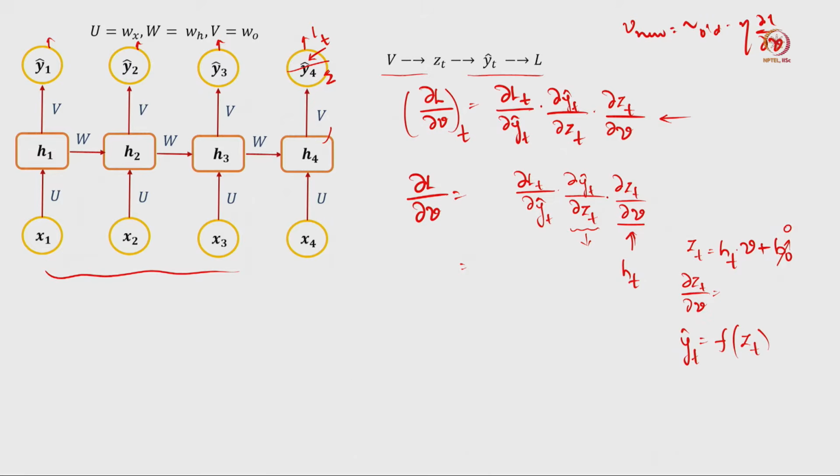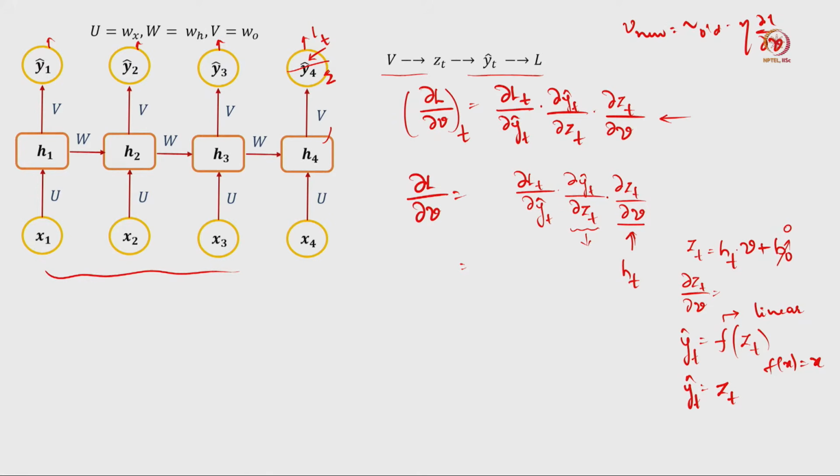Now what this activation function is depends on the problem. Suppose you are solving a regression problem where you are predicting a number, then this activation function will be a linear activation. If it is a linear activation, then YT hat will be just ZT, because f of x is x, whatever you pass.